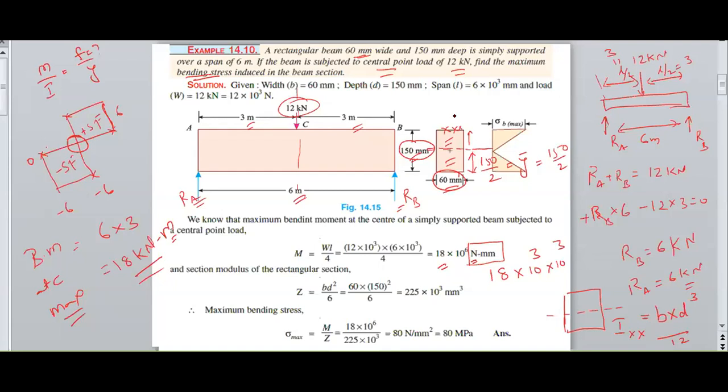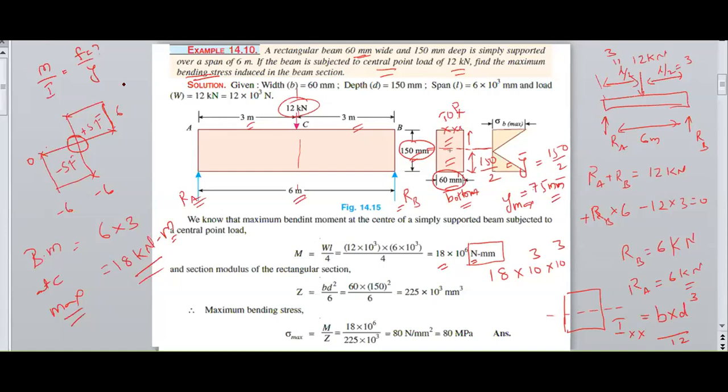Whether I move in the positive direction or the negative direction, the value of the topmost layer and the value of the bottommost layer are the same. The distance is the same from the neutral axis. So y has a maximum value of 75 mm.